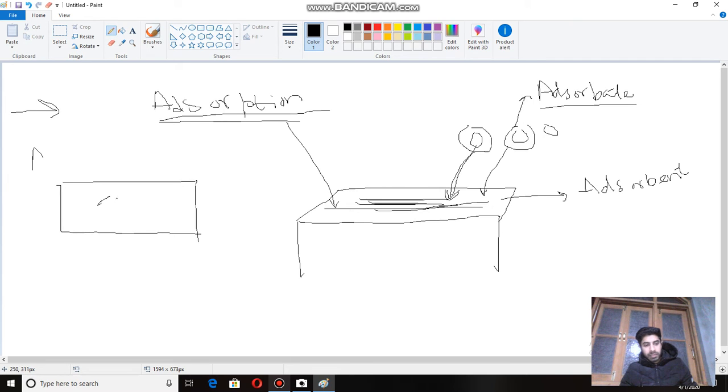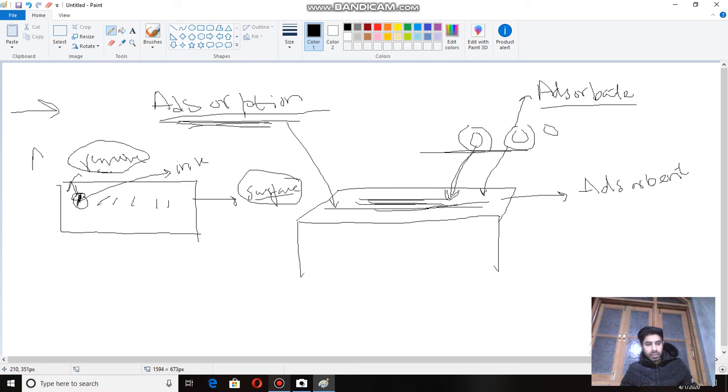When we write something with marker on this and leave it for quite a time, this ink gets adsorbed and it is very difficult to remove after some time. This process is generally an adsorption process. These foreign entities are the liquid present in ink, and this surface is our whiteboard. This process is an example of adsorption.